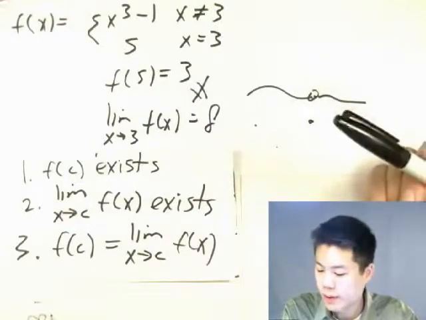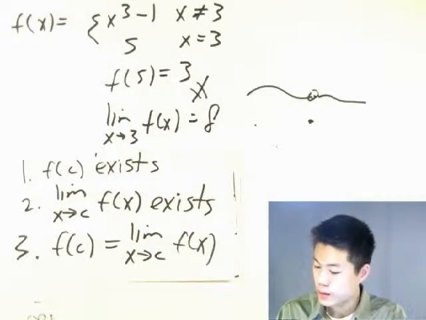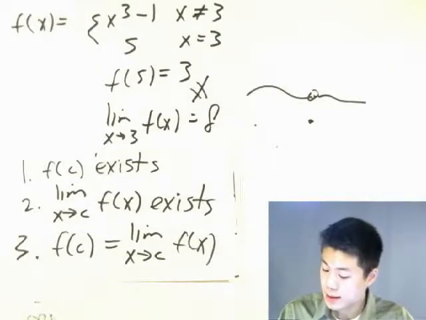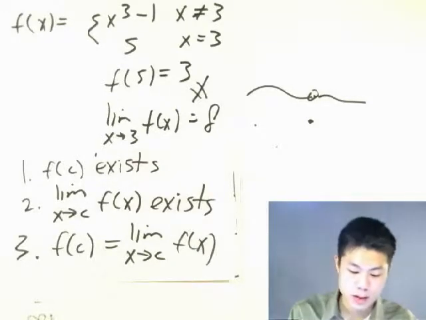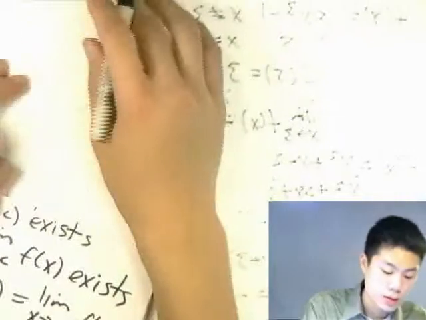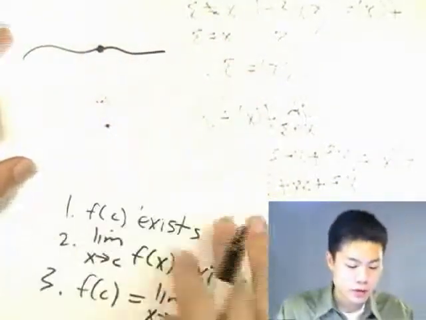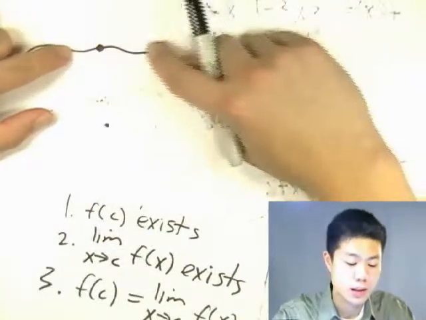Now remember that with any limit, if the limit does exist, that means that the left-hand limit and the right-hand limit are going to be equal to each other. So, first of all, the point has to exist. Second of all, the left-hand limit and the right-hand limit have to equal each other. Right?